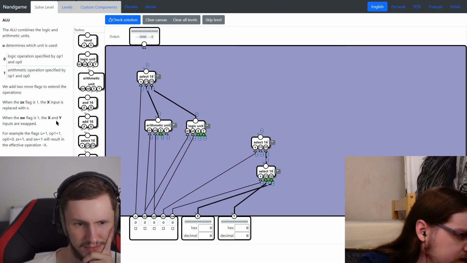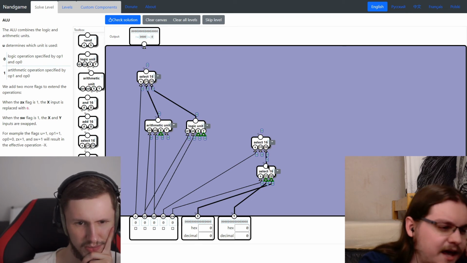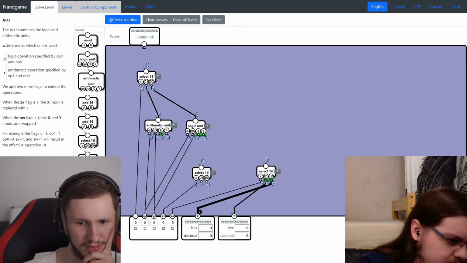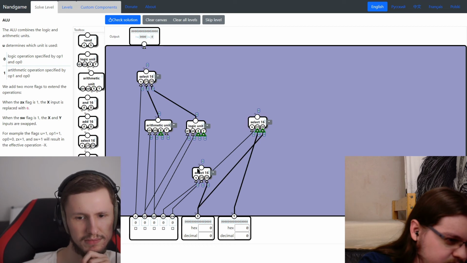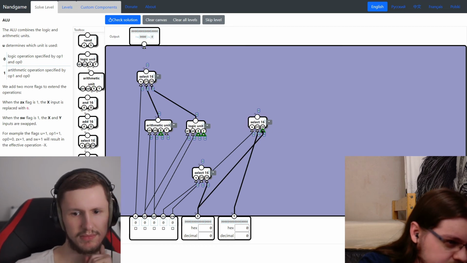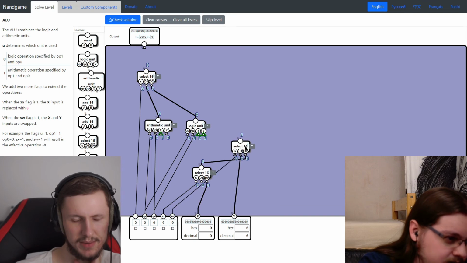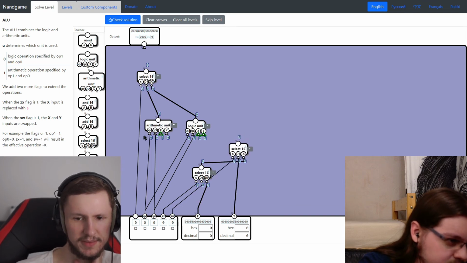So they're swapped after this, I think. So this flag comes first, so this actually does have to have the actual X in it. And then this one, if I'm understanding it correctly, uses as its X not the actual X, but this X. Okay, I think that's how it works. It doesn't really add or subtract from the complexity, just changes things around.